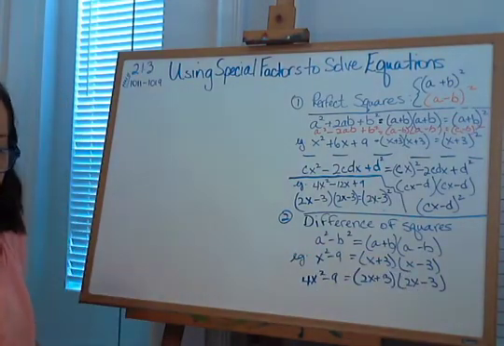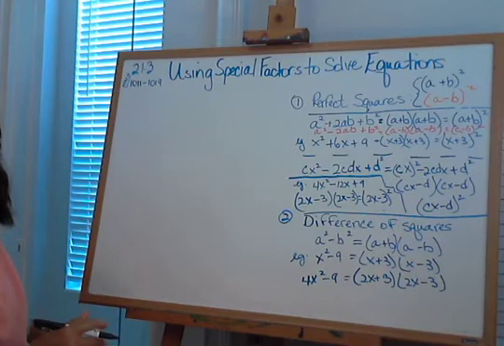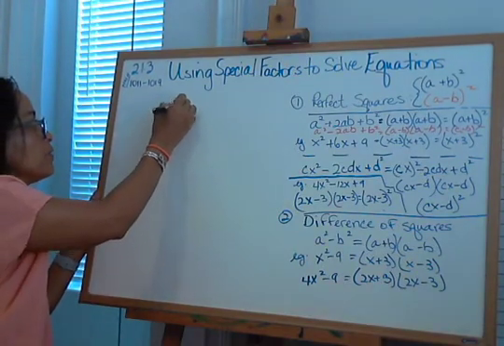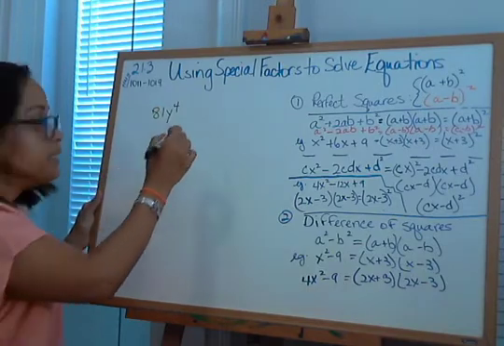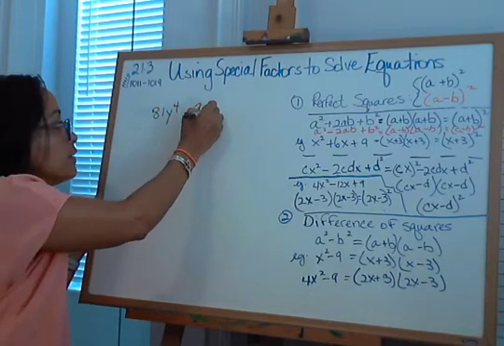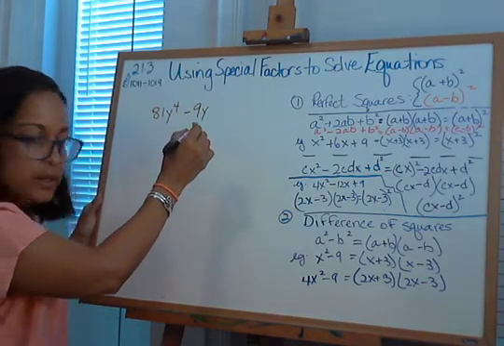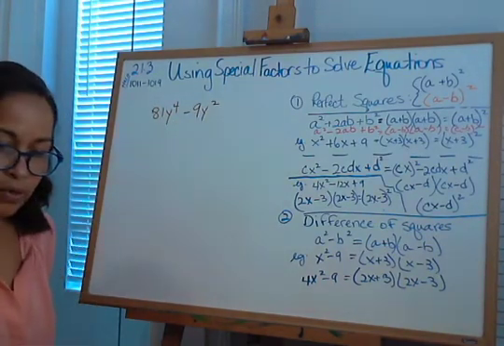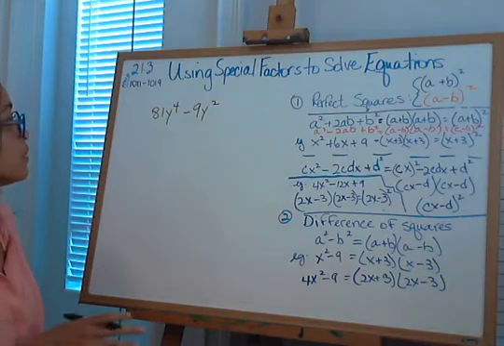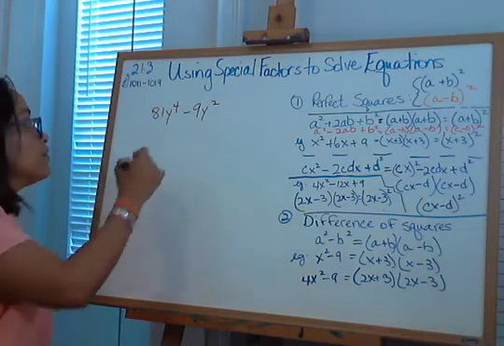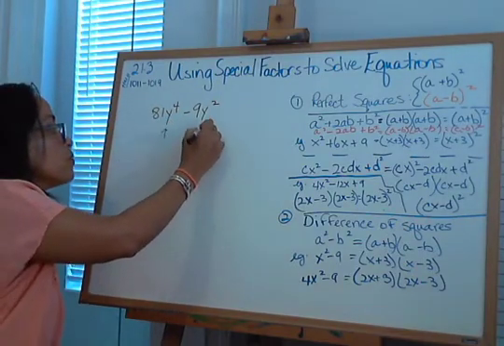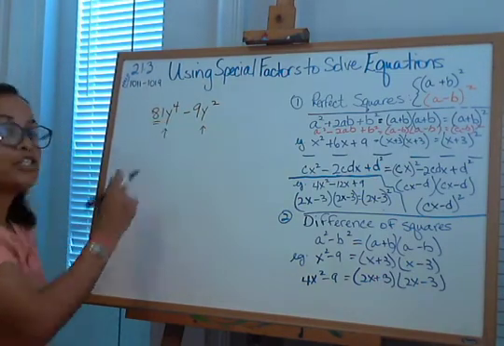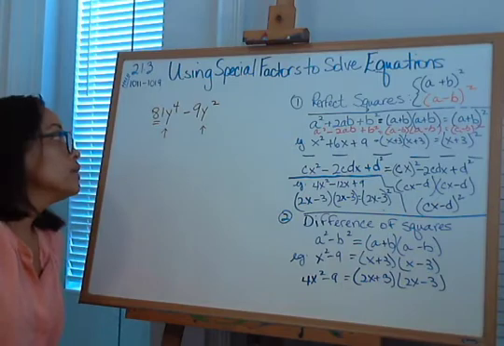So let's do this example here. This is page 1013. 81y to the 4th minus 9y squared. All right, so here we're going to factor each difference of squares. So my first question, is this a square? Can I get the square root? Well, first let's look at the coefficient. It's 81.